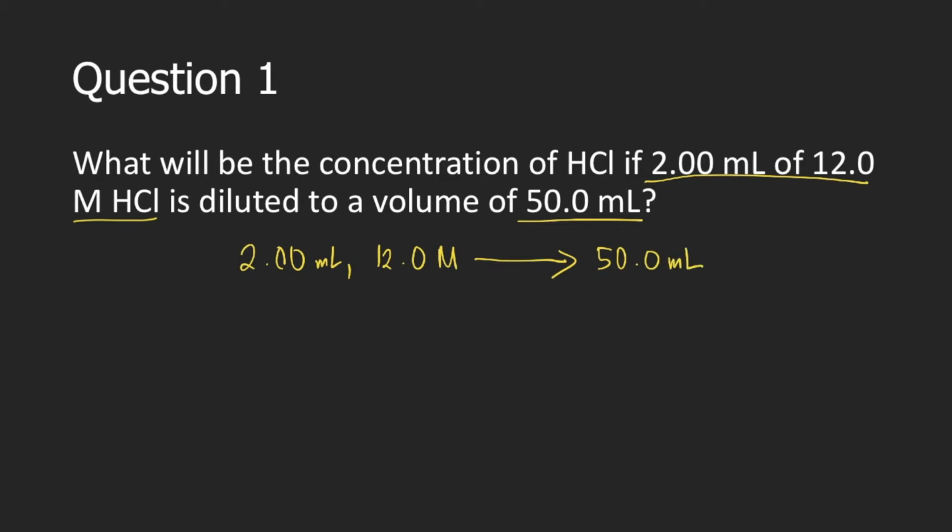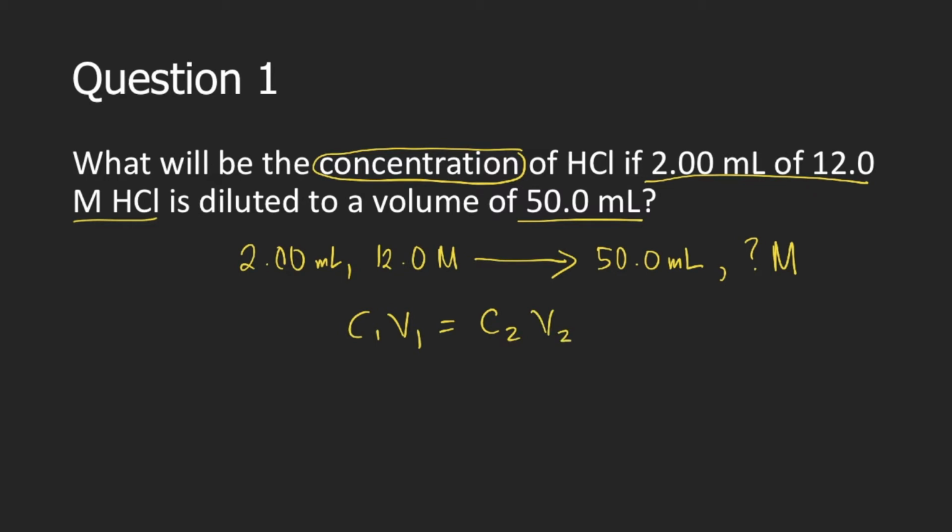And the question is asking for the concentration of the diluted solution. So the concentration is unknown, molarity. So to solve this, we use the formula C1V1 equal to C2V2.